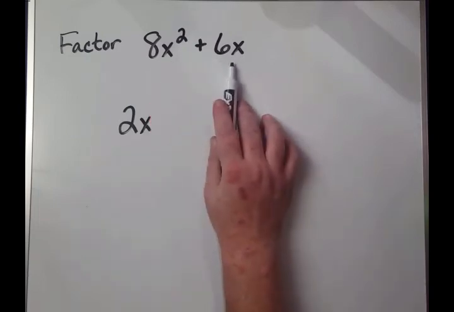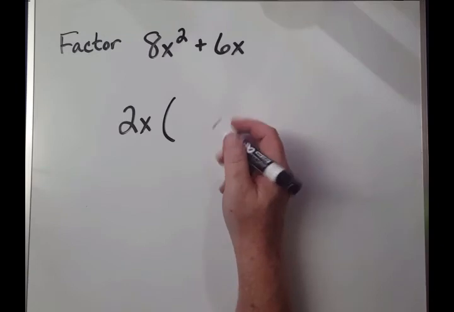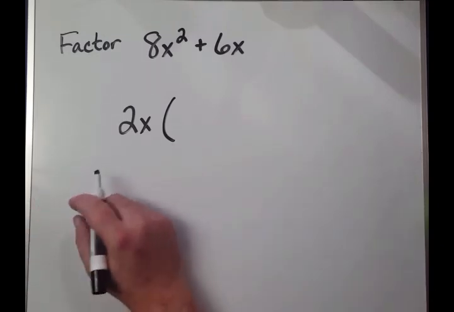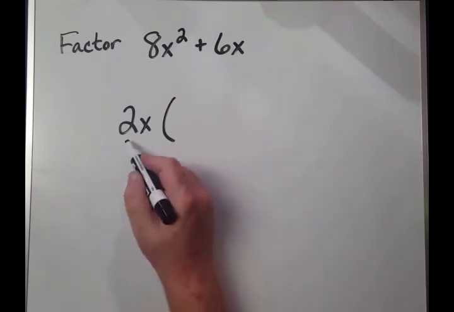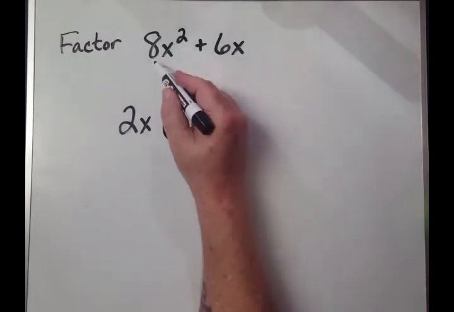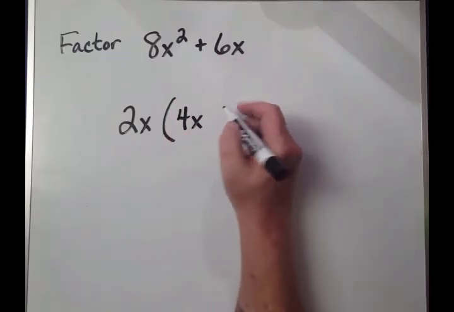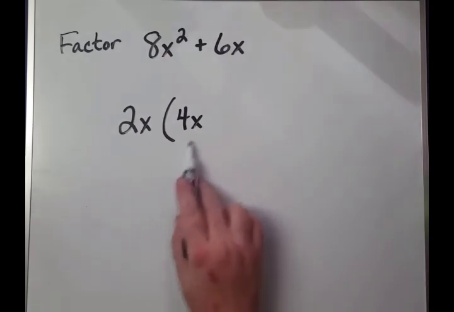The greatest common factor between these 2 terms is 2x. To factor that out is to unmultiply, in this case, undistribute. We're going to undistribute a 2x. If I pull 2x as a factor out of 8x squared, it leaves behind 4x. Because when I multiply those back together, doesn't that return me to the 8x squared?